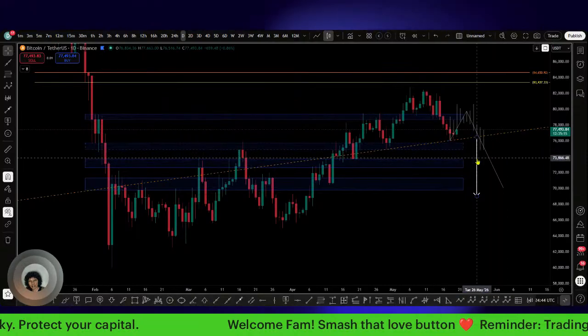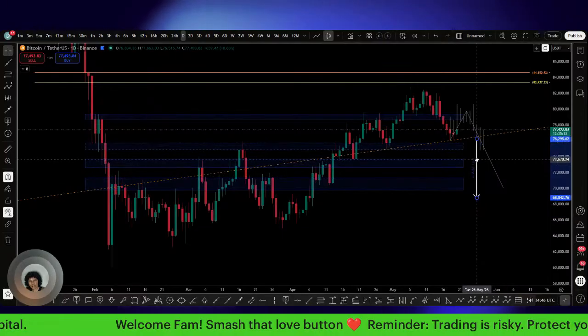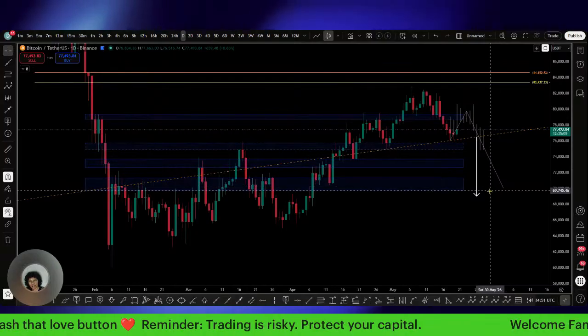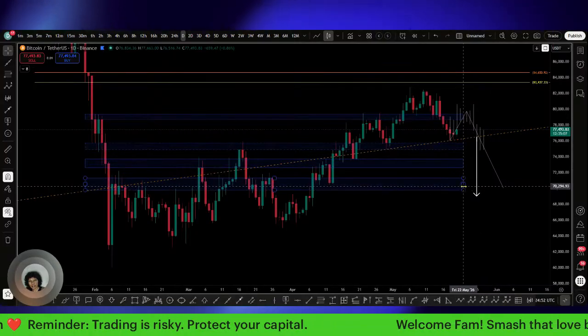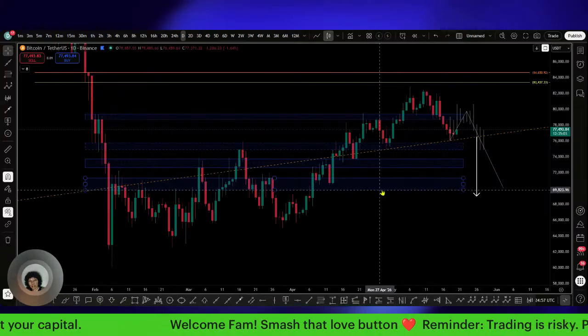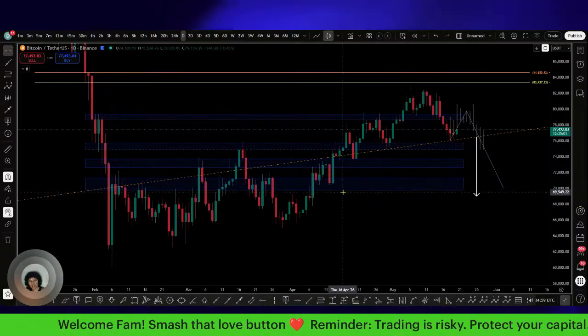Okay, so I'm up under where it would break down. If I did it like that, then that would be the breakdown. It puts it below this level right here, but I'm leaning towards something like this zone right here, taking that liquidity right there.